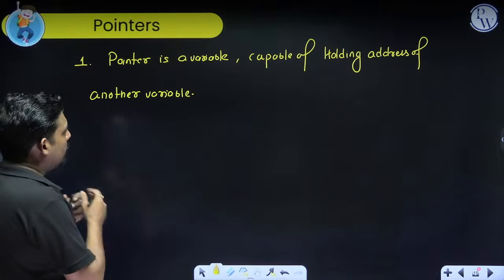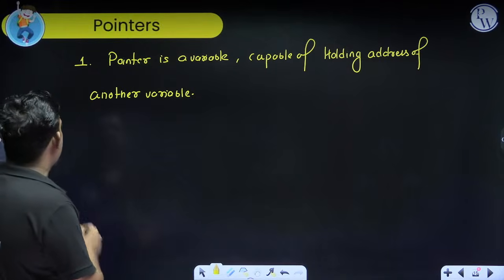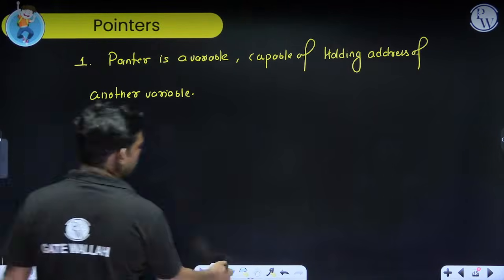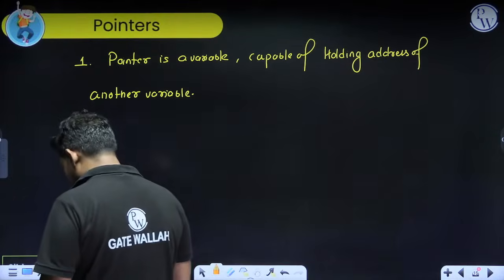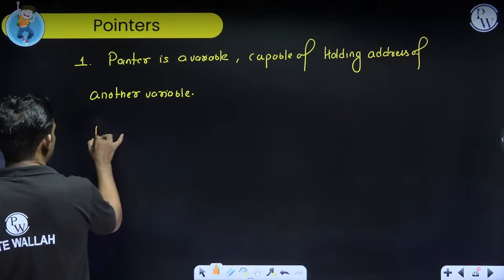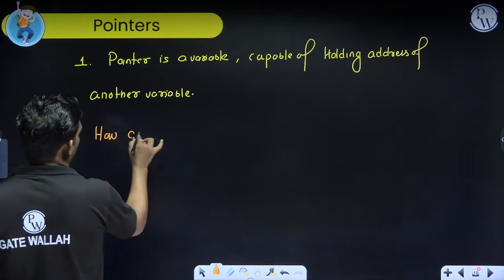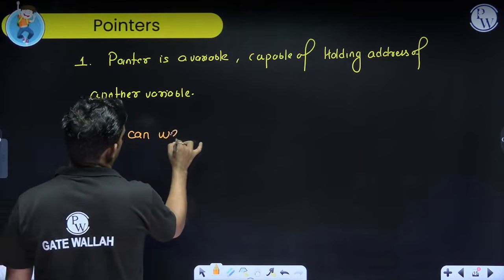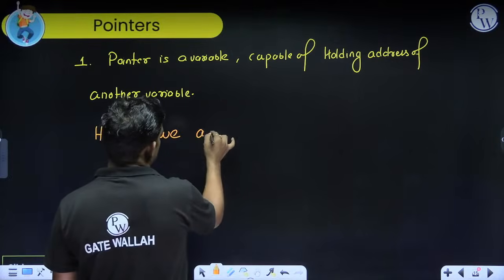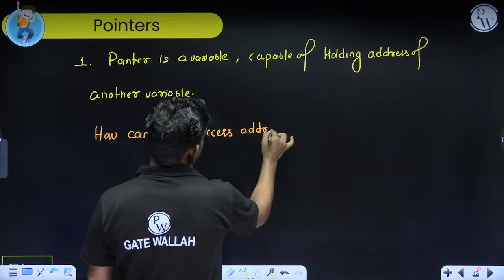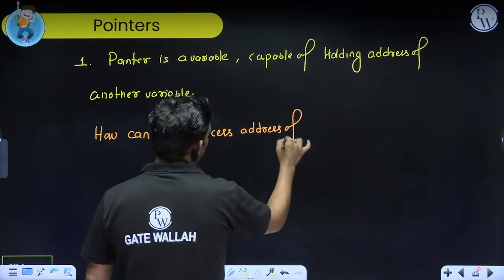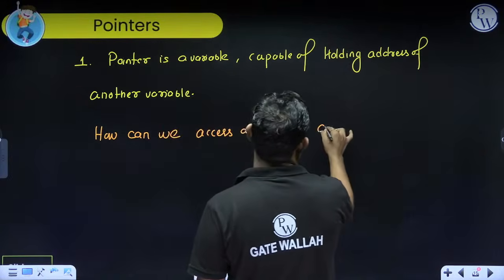Now how can we access the address? The main question here arises: how can we access the address of a variable in memory? How can we access the address of another variable?